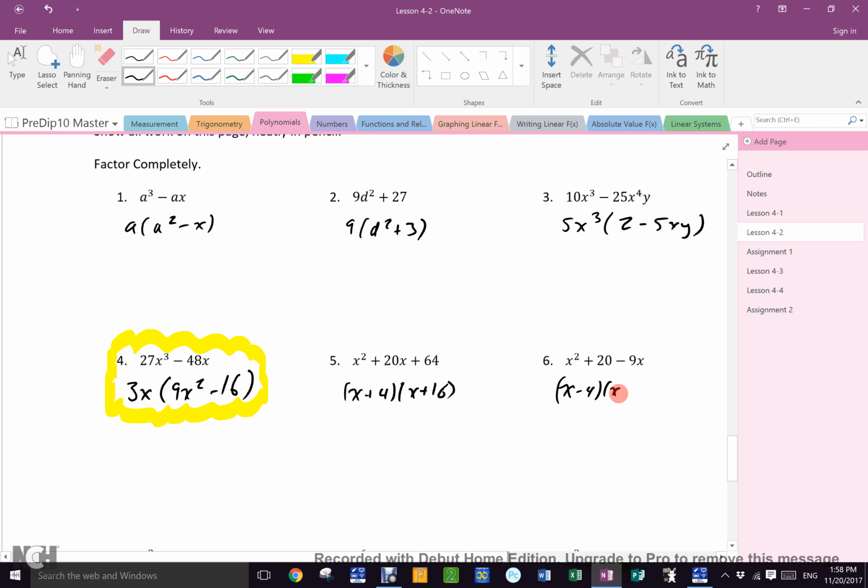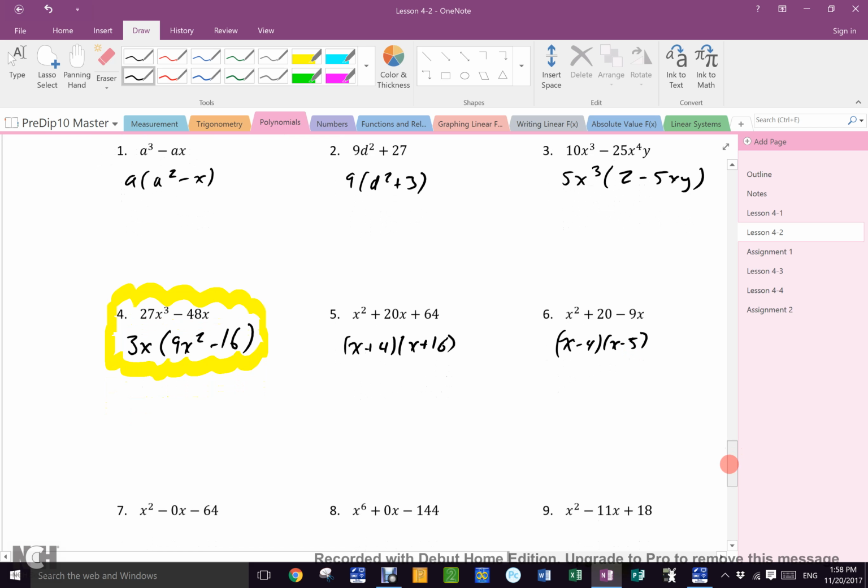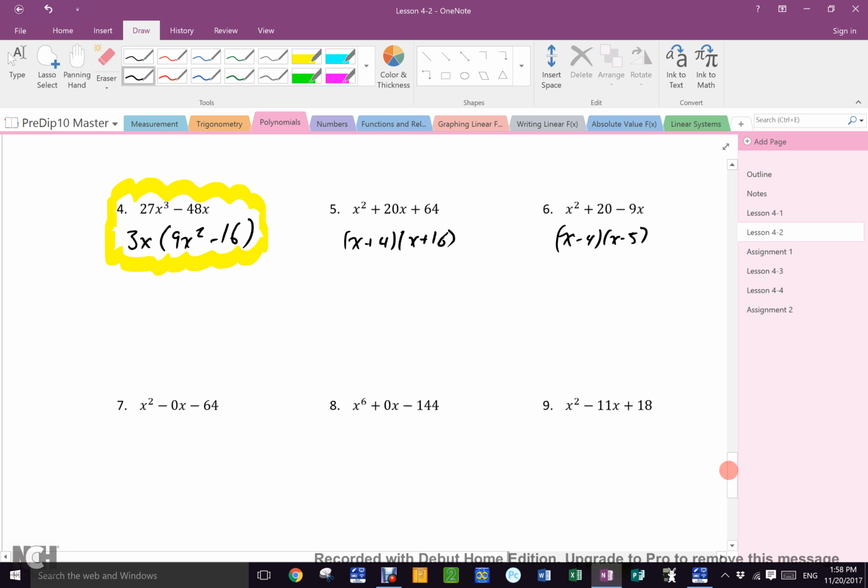Oh, I didn't fool anybody by changing the order. What about this one? Kayla, hit me. Parentheses 8 minus 8, x minus 8. And then another one the exact same.